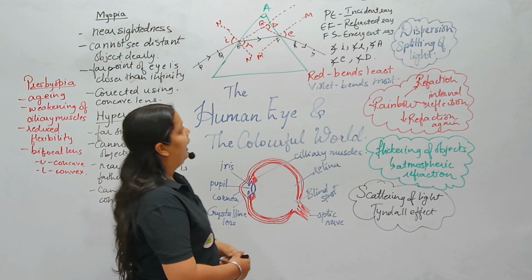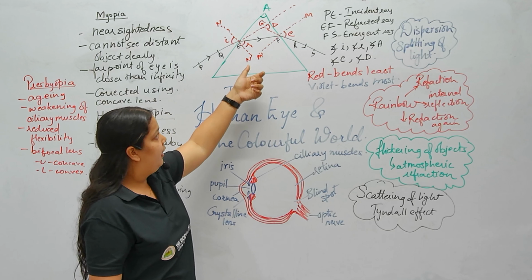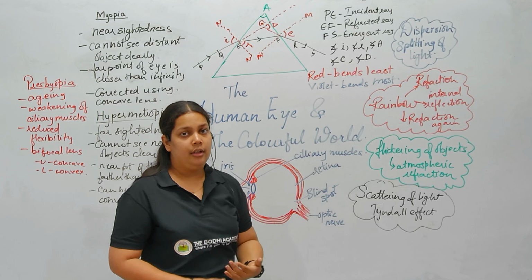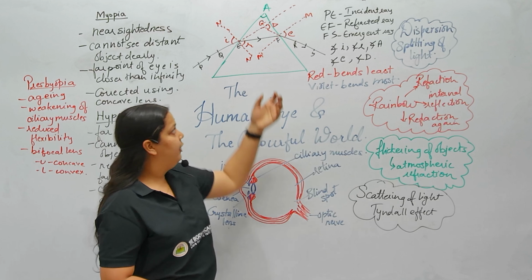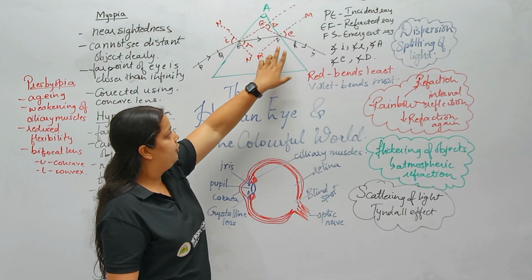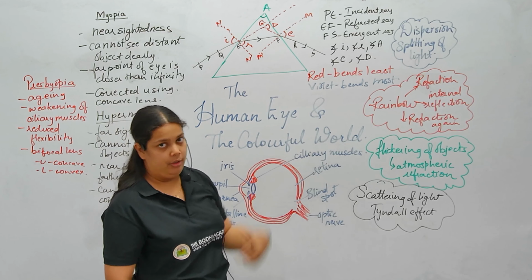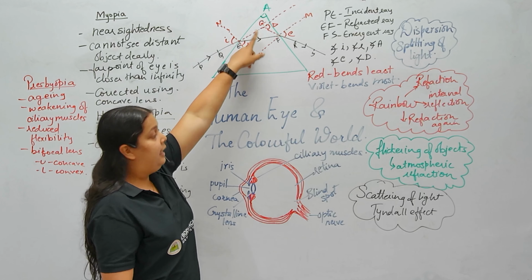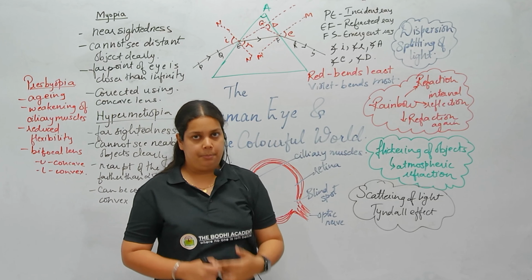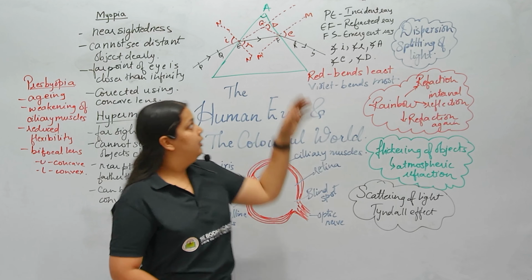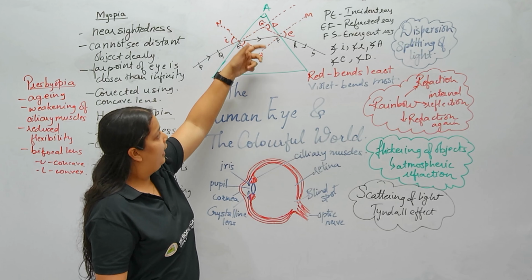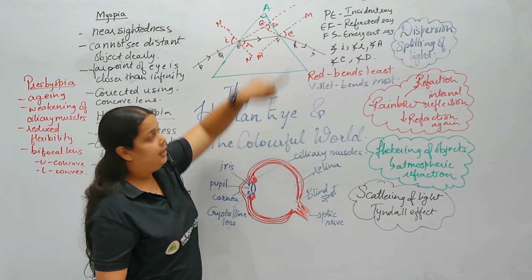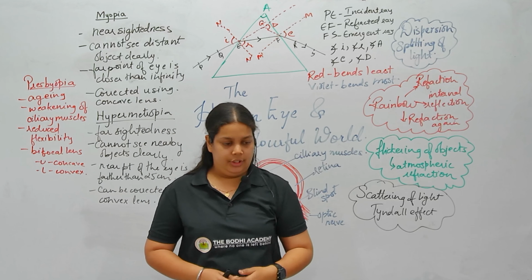Angle R is the angle of refraction. Angle E is called the angle of emergence, because it is formed by the emergent ray and the normal. Angle A is called the angle of the prism, and angle D is called the angle of deviation.